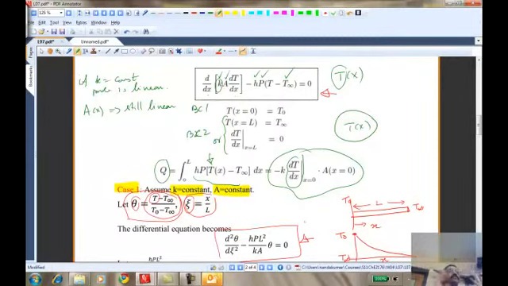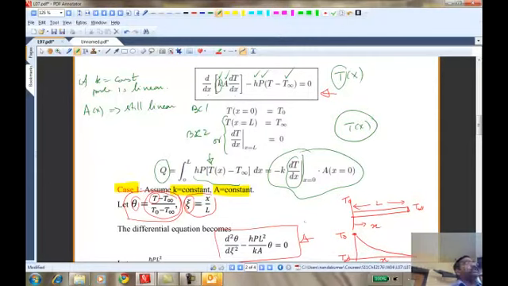If I give you this task for 2 minutes, how many of you think you can do it? That is, show that this equation, written in terms of dimensional variable T as a function of x, can be rewritten using these definitions in this form. Just an algebraic manipulation, but how do I do that?